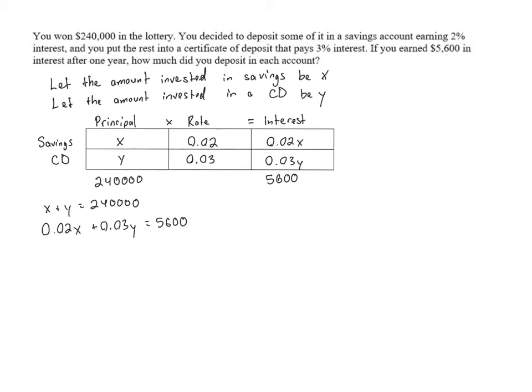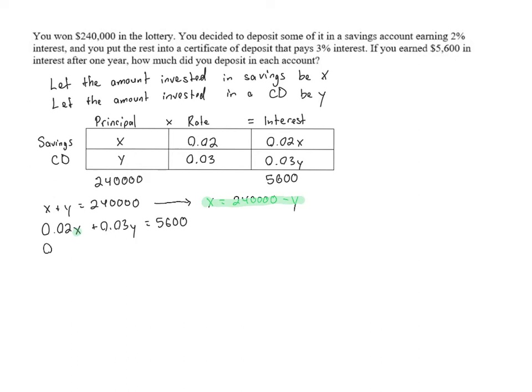So let's isolate x. To get x alone in the first equation, we have to subtract y on both sides. That gives us x equals 240,000 minus y. And then, wherever we see an x in the second equation, we can replace it with 240,000 minus y. So let's do that substitution.